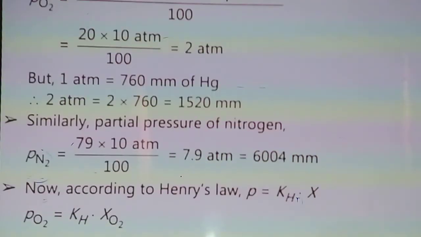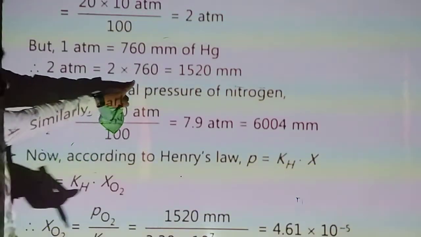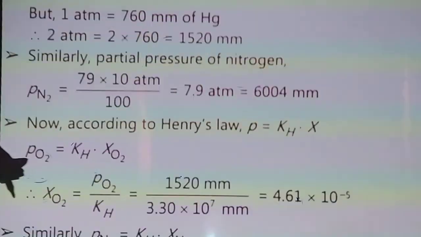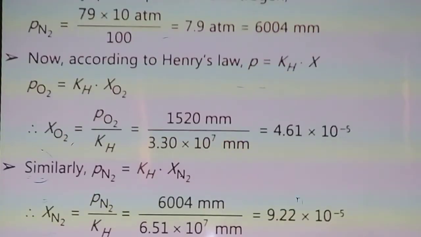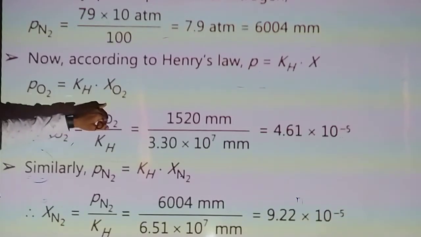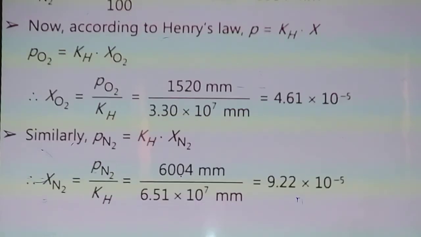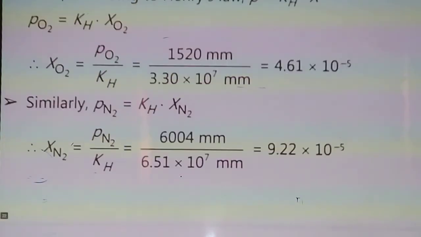Similarly, pressure of nitrogen is 79 into 10, so 7.9 atm. Atmosphere is converted into millimeter by multiplying by 760, so 7.9 times 760 is 6004 millimeter. Now according to Henry's law, P is equal to KH into X. So pressure of oxygen is KH into X O2, so X O2 is 4.61 × 10⁻⁵. Like this, the mole fraction of nitrogen is 9.22 × 10⁻⁵.